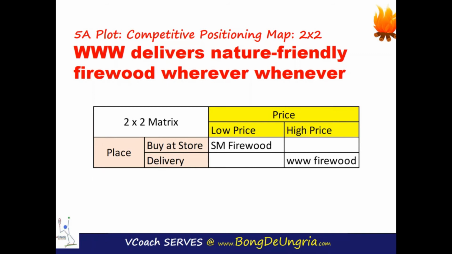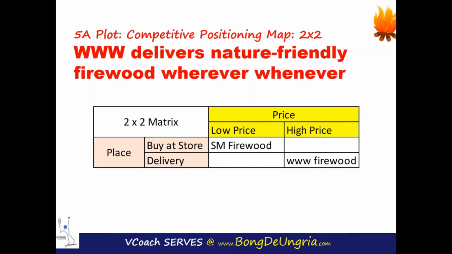Or you can be high priced like WWW Firewood, and it can be delivered to your place. You know that you chose the right combination of variables if this allows you to really separate or have a differentiation between your main competitors in the market.